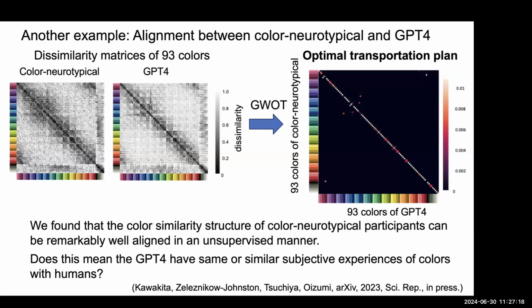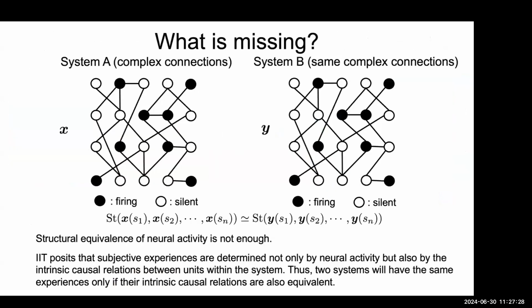Does this mean that GPT-4 has the same or similar subjective experience of colors as humans? Again, no. So what is missing? Structural equivalence of neural activity is not sufficient. So we need some theory to address this question in a unified manner.